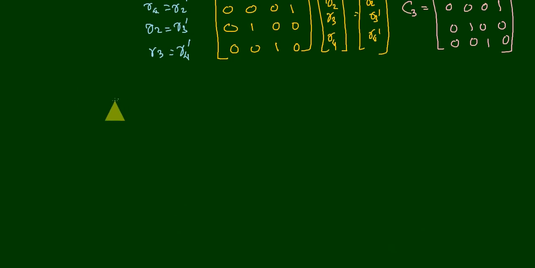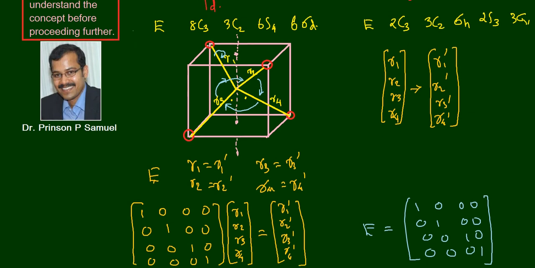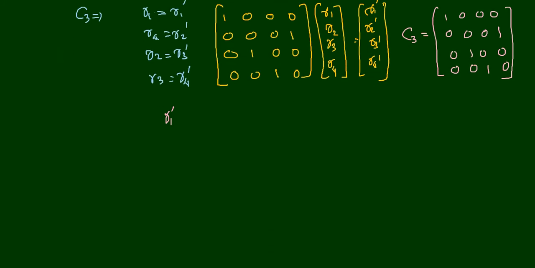Therefore, we can write R1 dash, that is the new position of R1. Where is R1 going? R1 is going to R2. So the new vector corresponding to R1 after the C2 operation is R2. R1 dash is equal to R2, so R2 is equal to R1 dash.